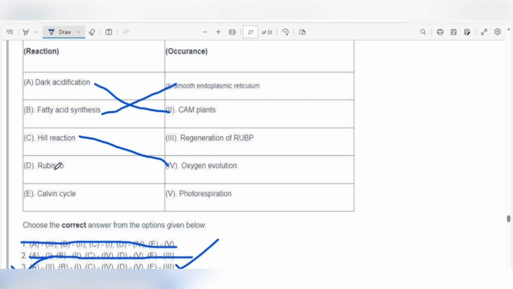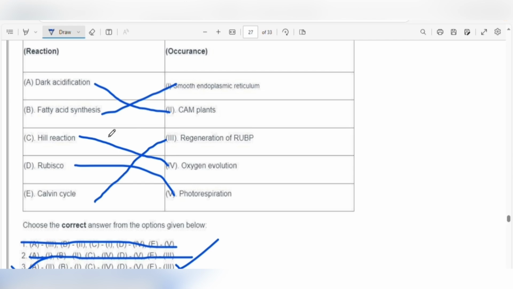So C becomes 4 and Rubisco is required for photorespiration. D becomes 5 and Calvin cycle is having regeneration of RuBP. If you remember the Calvin cycle, the RuBP, that is the ribulose bisphosphate, that RuBP needs to be regenerated for every turn of Calvin cycle. All right. So these are the basic physiology questions, plant physiology, and you should be having a basic knowledge for attempting this kind of questions.